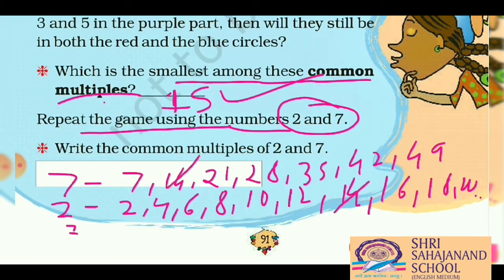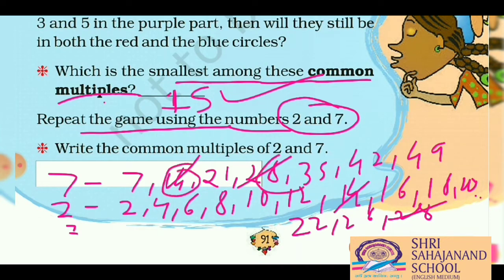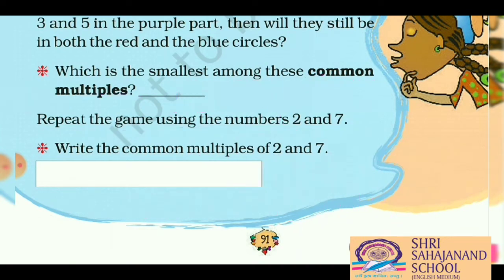Then here we have 20, and if you write more numbers, you will get 22, 26, and 28. So you will see that 28 is common in both. So you got 14 and 28. You can write here that the common multiples of 2 and 7 are 14 and 28, and many more numbers.